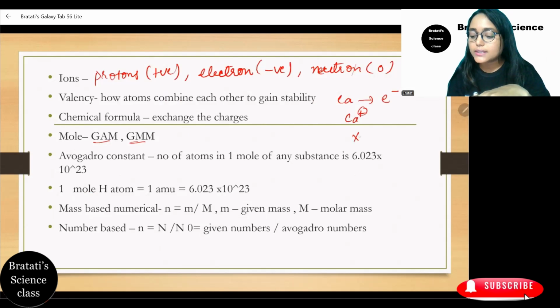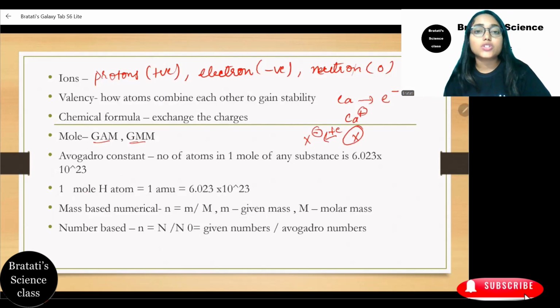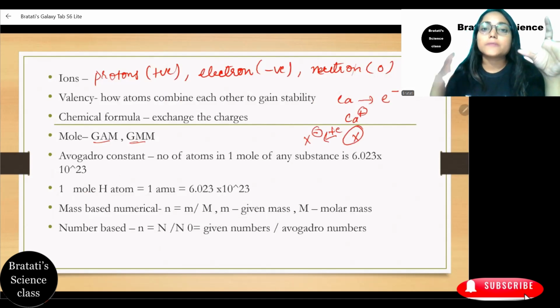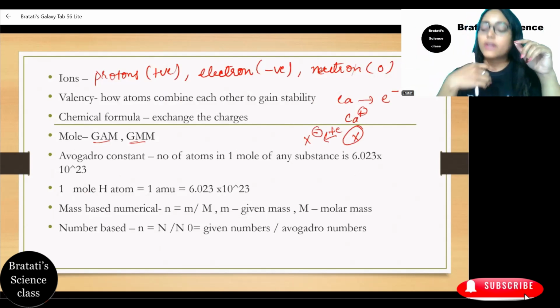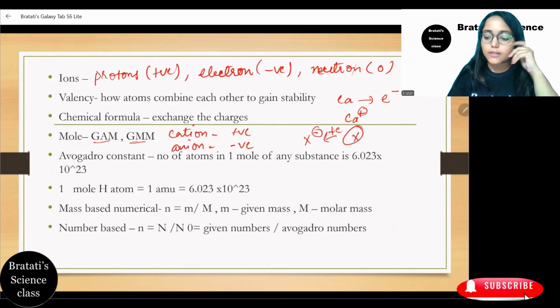Similarly, if X is a neutral atom and it has gained an electron, it will have a minus charge. This is how we can check whether it is a cation or anion. Cation is a positive charge ion, and anion is a negative charge ion.